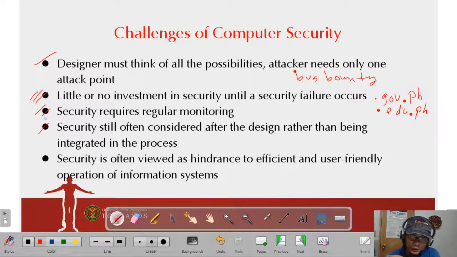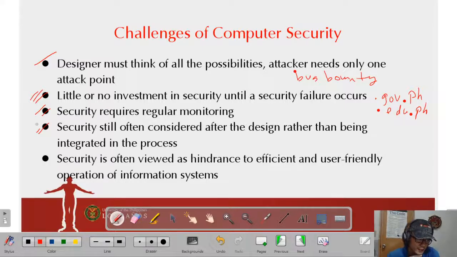Because initially, during the design and implementation of the functional requirements, you did not even consider security. So that is a challenge. How do you make developers or architects understand that right from the start you already have to consider security, not after deployment?